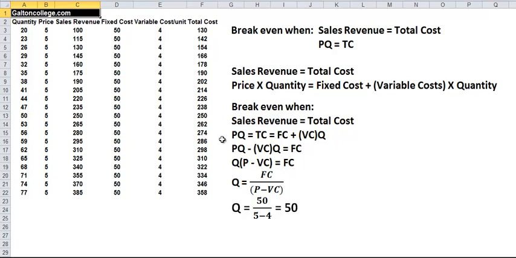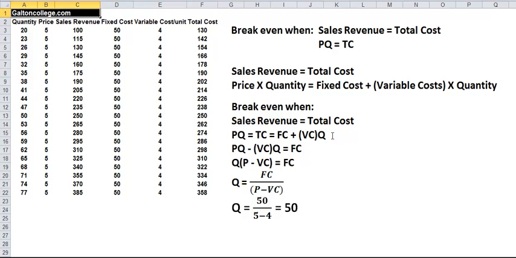Now, we've got a Q, a quantity, on each side of this equation. You've got PQ is equal to fixed cost plus variable cost per unit times the quantity. So quantity on both sides, so we can collect those. We can take the variable cost times quantity and move it to the left.